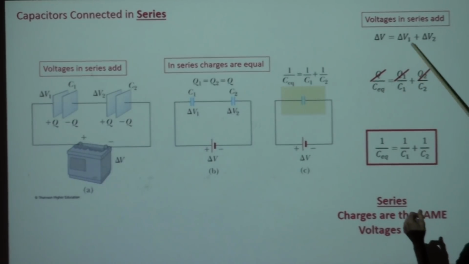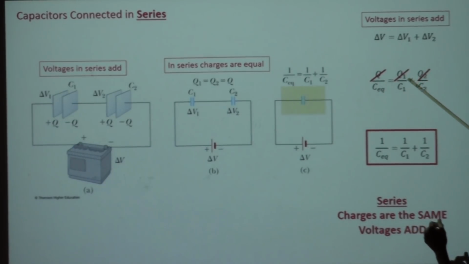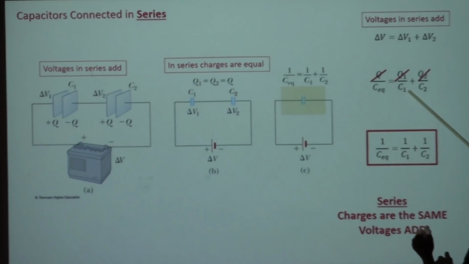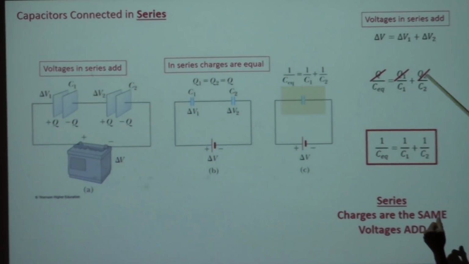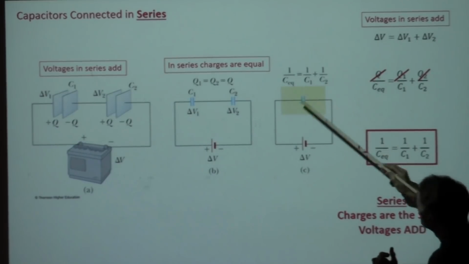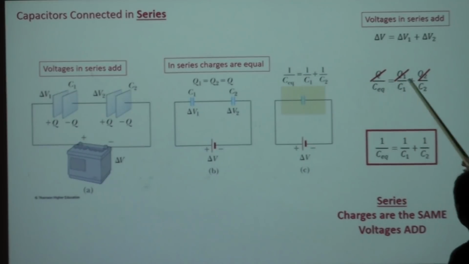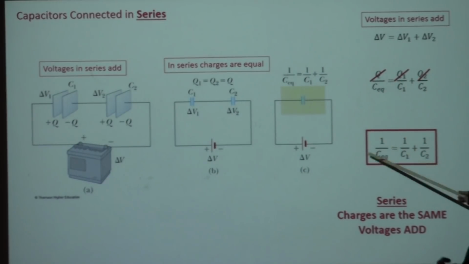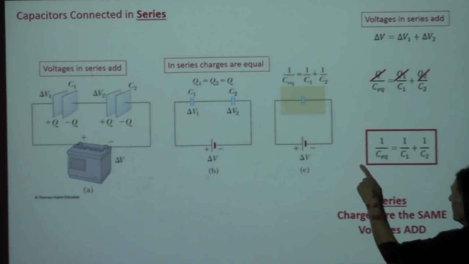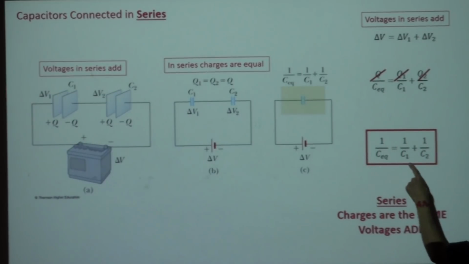And then V1 is going to be the charge Q1 over C1, and V2 is Q2 over C2. All those Q's are going to be the same because they're in series, so they can cancel. And then we're left with this kind of messy equation that deals with capacitors connected in series.